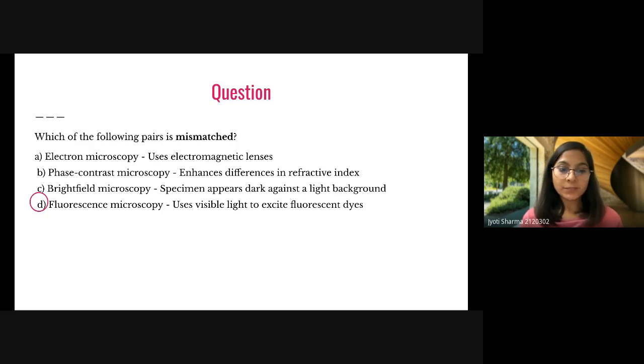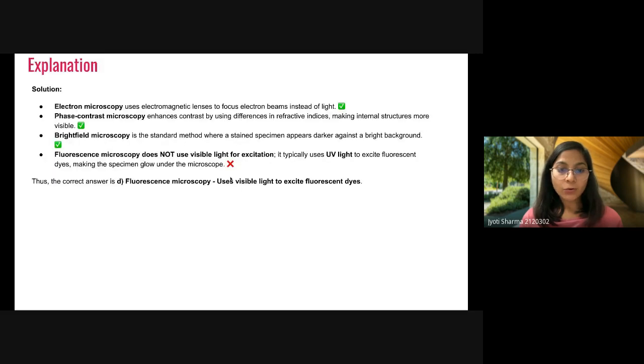And for the fluorescence microscopy, this is wrong. But why? Because in fluorescence microscopy, we typically use UV light, not visible light, to excite the fluorescent dye, and that's how the specimen glows under the microscope. So we are not using visible light for excitation, but UV light, and that's how option D is incorrect, or you can say a mismatch.